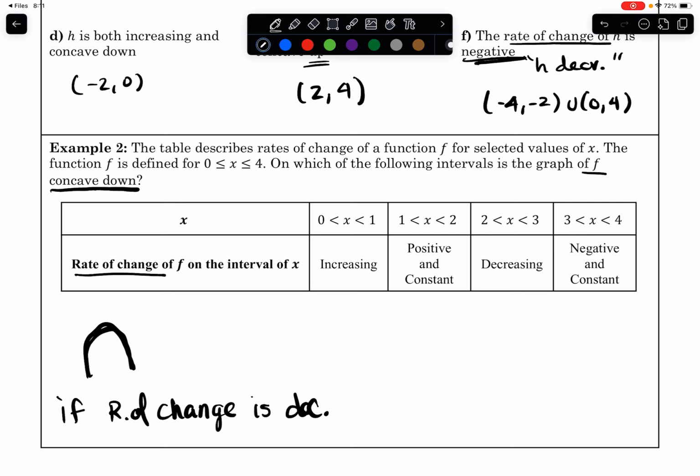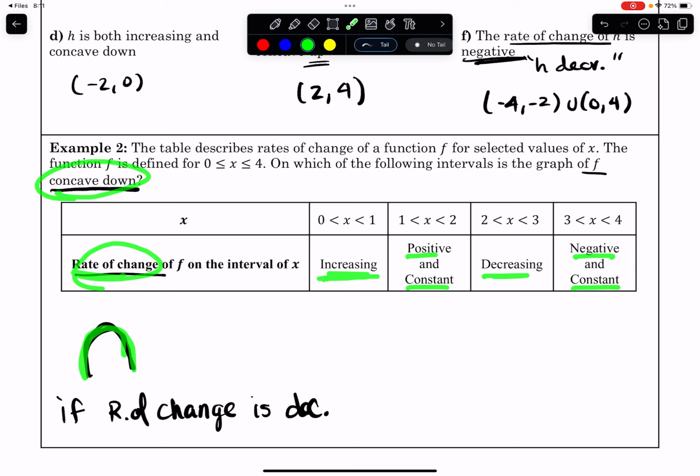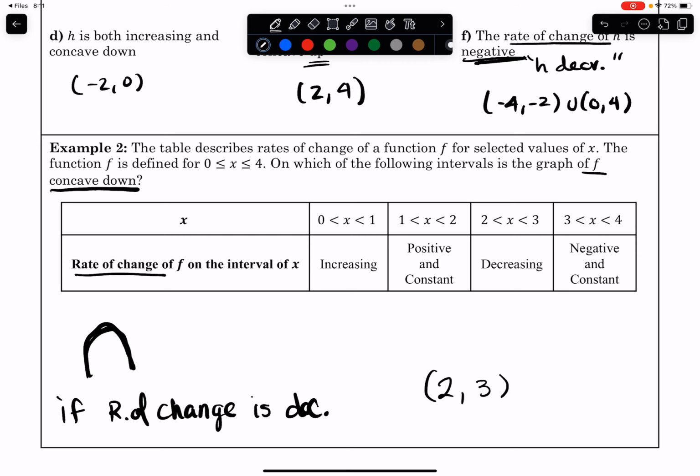So right here we're looking for when the rate of change, so this describes the rate of change, this is increasing, this is positive and constant, decreasing, negative and constant. Well, in order for a graph to curve downwards, which is concaving down, our rate of change has to decrease. And according to this table, it decreases in the interval from 2 to 3. So our answer is going to be 2, 3.